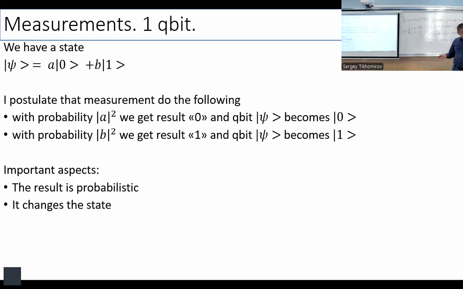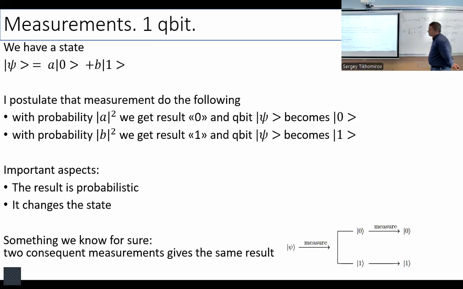And the second thing is that it changes the state. You go in some superposition, and after this you become a base state, necessarily. You don't know which of them, but you know that it would be either 0 or 1. No superposition, no fancy quantum state.